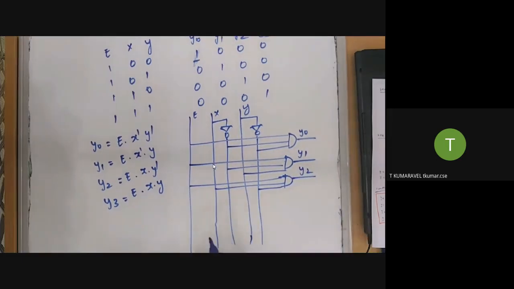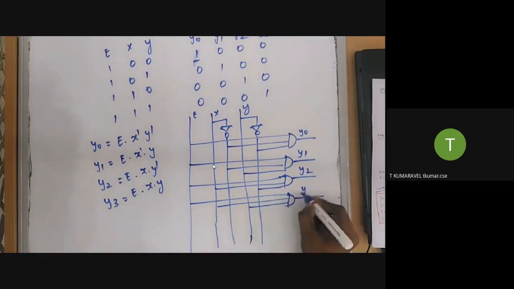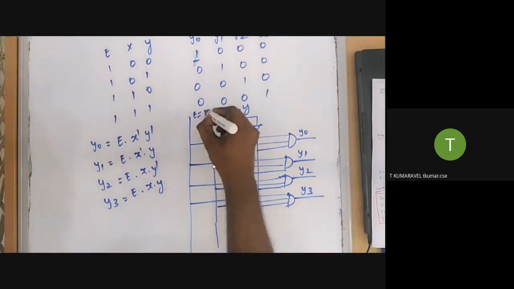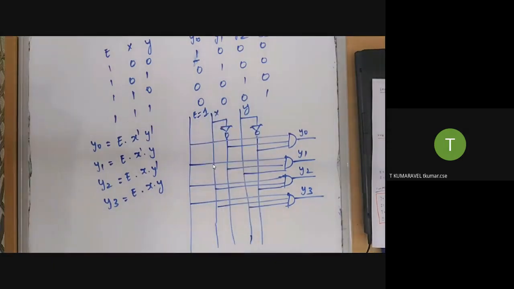What about the last case? Enable, x and then y. This is Y3, whenever the enable value equals 1. Do you have any queries? No, sir.